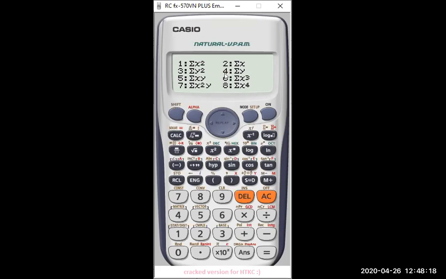Then sum of y square is on 3, so pressing 3 and equal gives 10336. AC again, Shift and 1. Now students, sum is on 3, and we have to find number 4, sum of y. Sum of y is on the fourth key, so pressing 4 and equal gives 346.